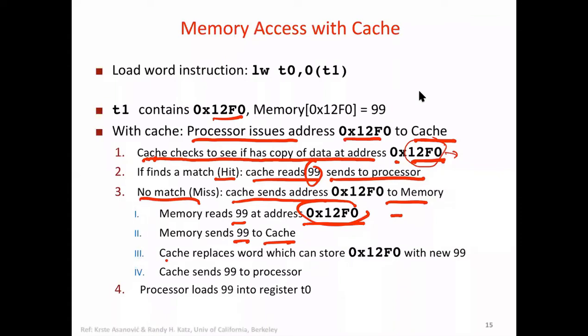The cache replaces a word which can store this with the new 99. So the cache will store this at a certain location, and then the cache will finally send this 99 to the processor, and the processor loads the received data into the register.